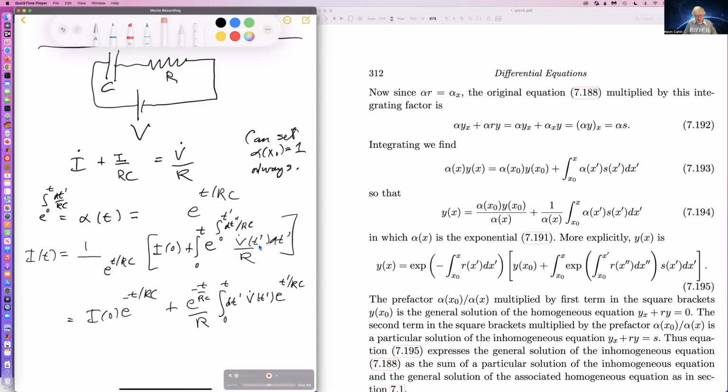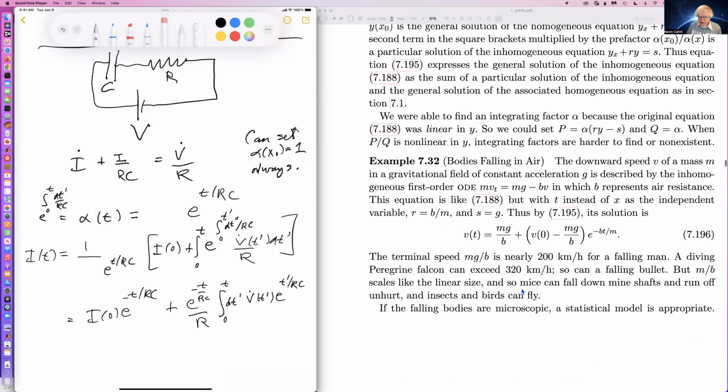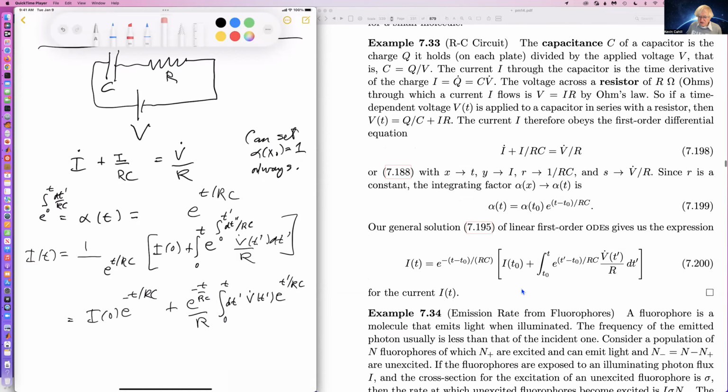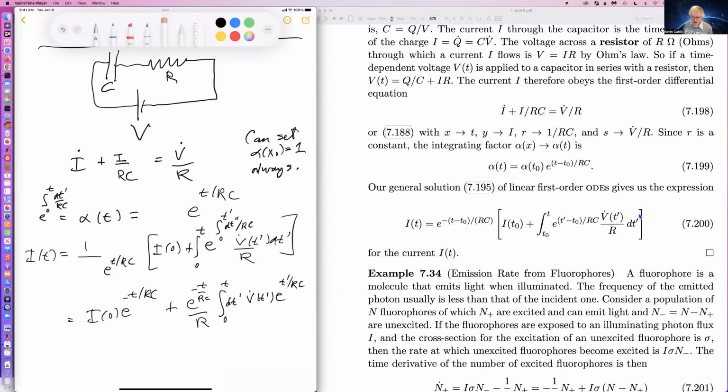So V dot of t prime is given, you divide by R, and then you have the integral of alpha of t prime, and that is effectively e to the integral up to t prime of this, which is just e to the t prime over RC. And so this is our answer, and that's the answer that occurs here.